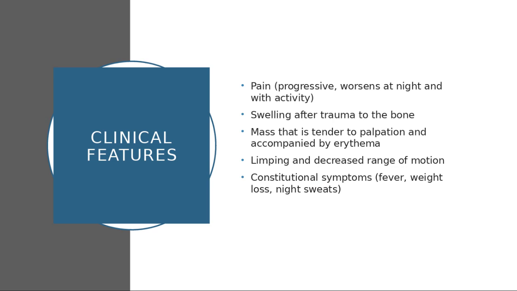Now, how do these osteosarcomas present? These kids usually complain of pain, usually without a history of trauma, but they may have had some trauma, or they may think they had some trauma, but the trauma doesn't seem like it would have been enough to cause the persistent pain that they have.